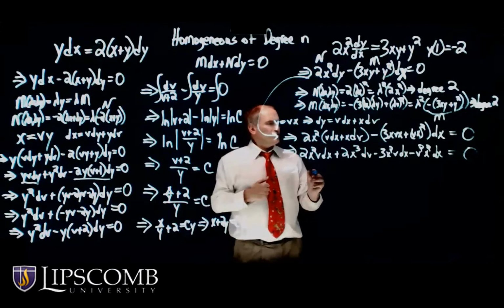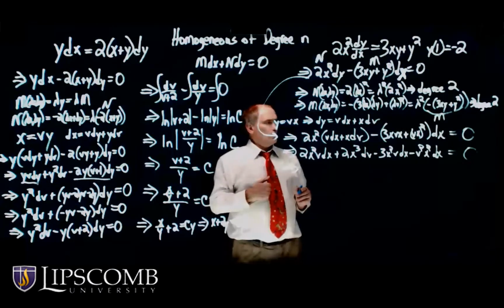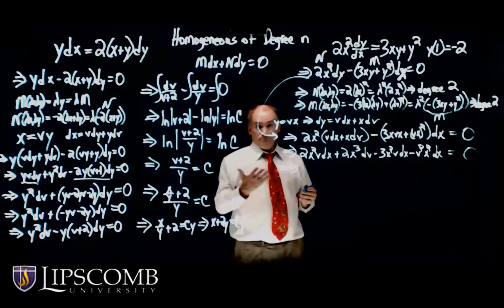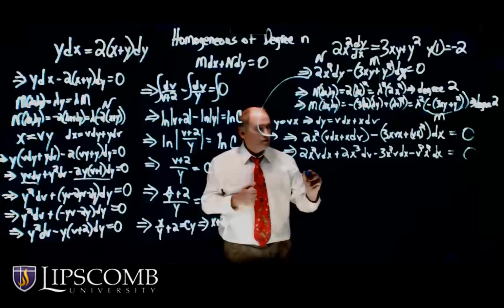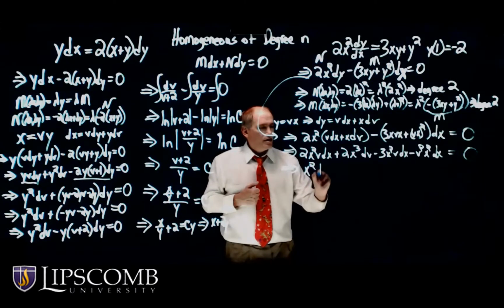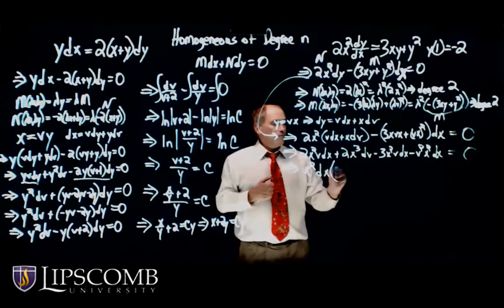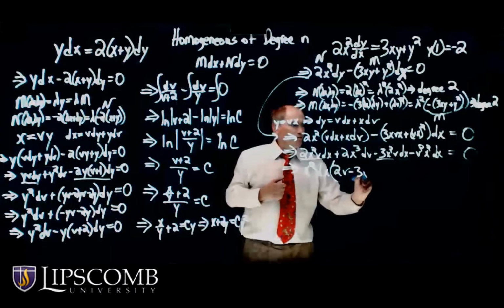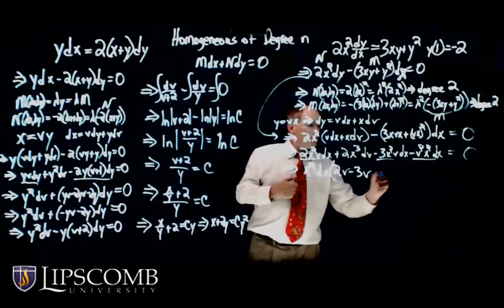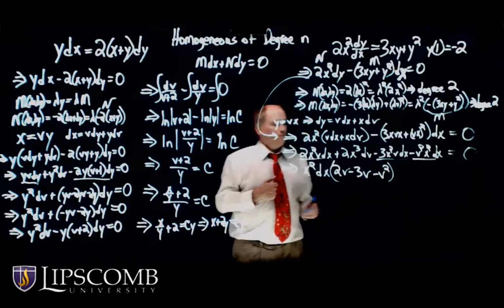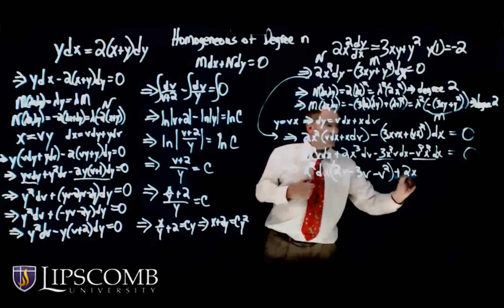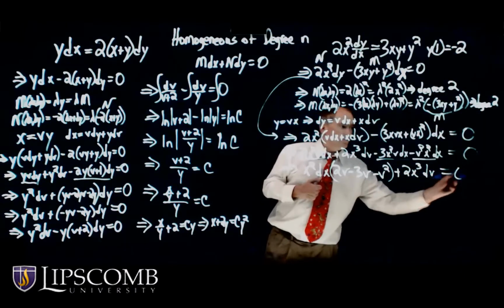I notice that in each of the dx's I have a v or a v squared, but I also have an x squared. So the x squared is common to everything. So let's factor out an x squared dx. And what am I left with? I'm left with a 2v right there, a minus 3v right there, and a minus v squared right there. What term does that leave me? That leaves me plus 2x cubed dv equal to 0.